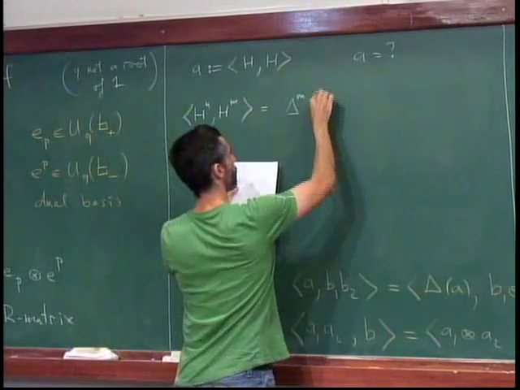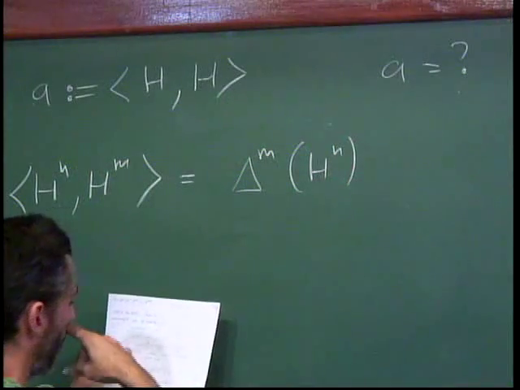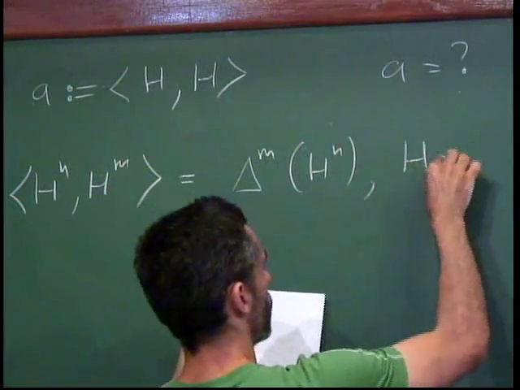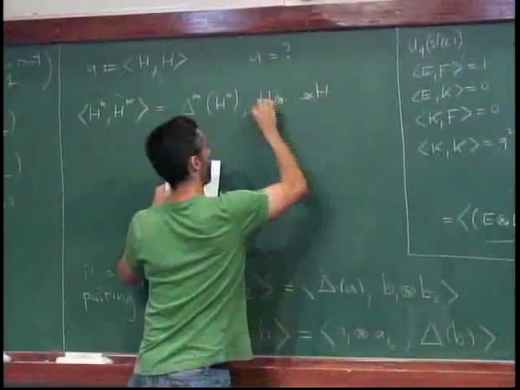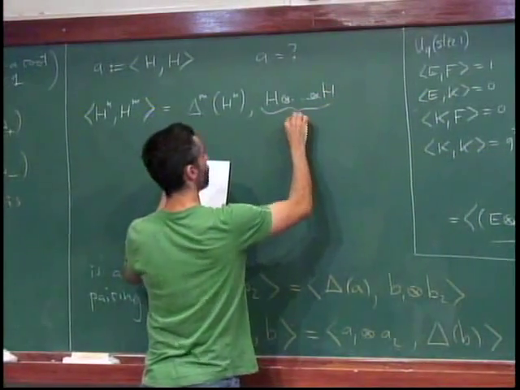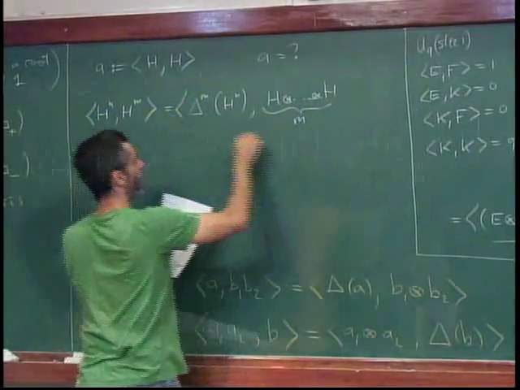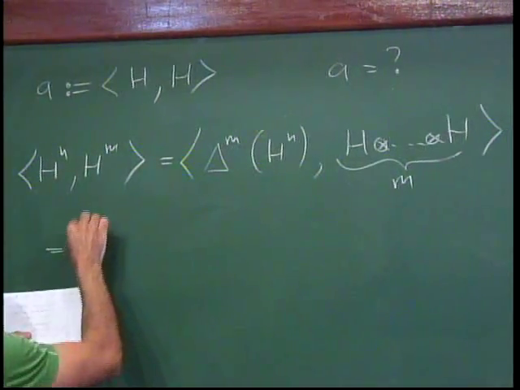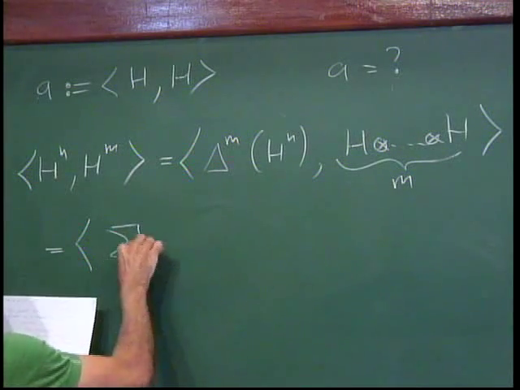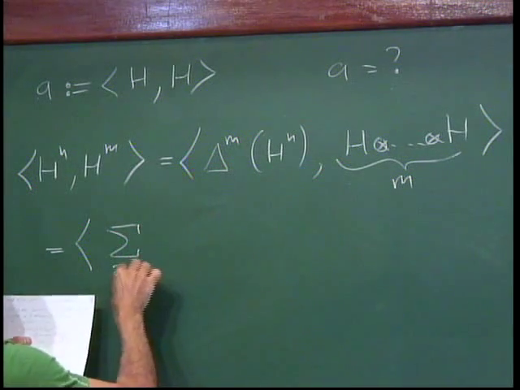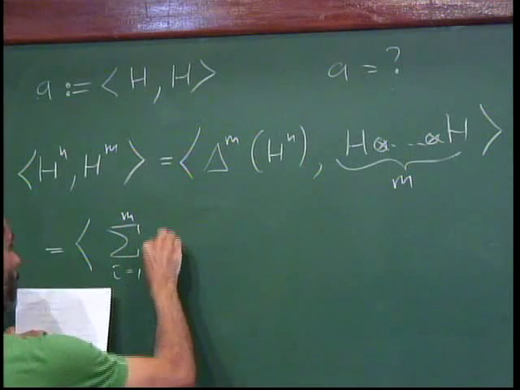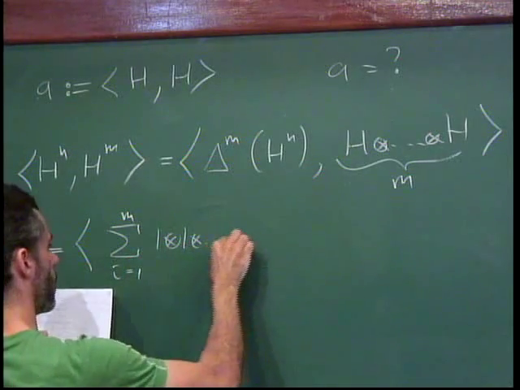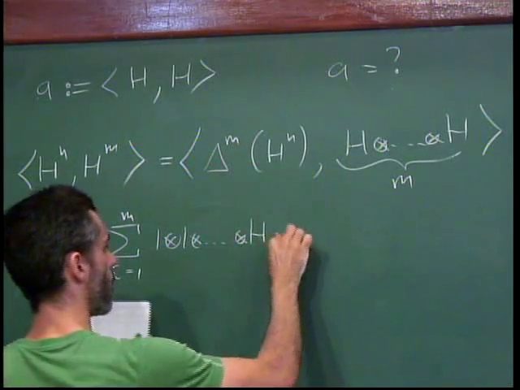It's the mth iteration of the coproduct applied to h to the n, paired with the mth iterated tensor product of h with itself. That I can write as a sum over i equals 1 to m of 1 tensor h somewhere in the middle.